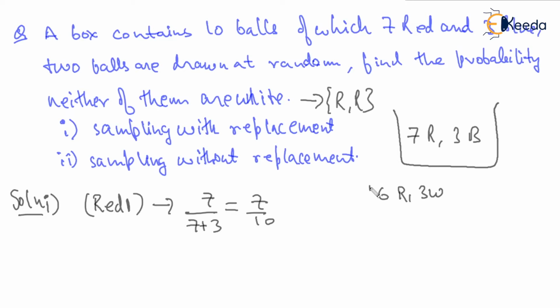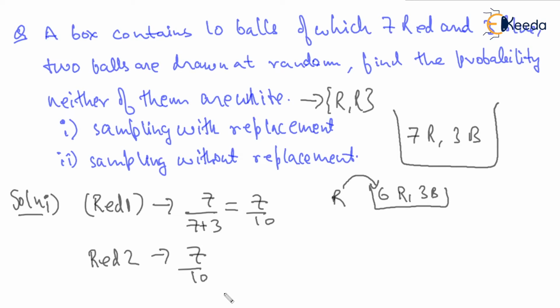But we are returning this red ball back to the container, back to the population. So again we are left with the same situation, 7 red and 3 blue. So getting a red ball in second trial will still be 7 by 10.